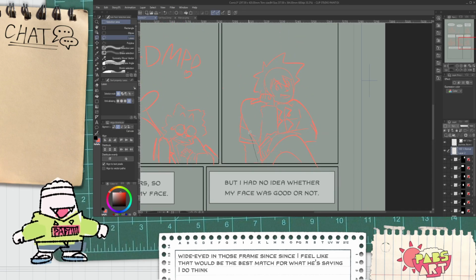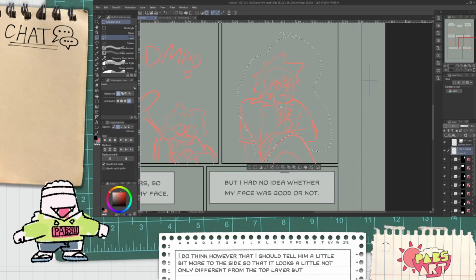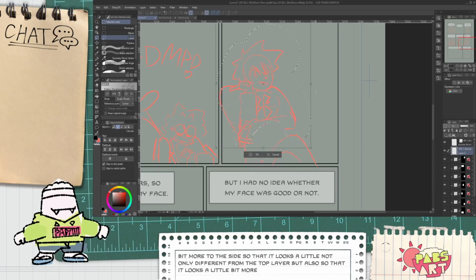I do think, however, that I should tilt him a little bit more to the side so that it looks not only different from the top layer, but also a little bit more relaxed.